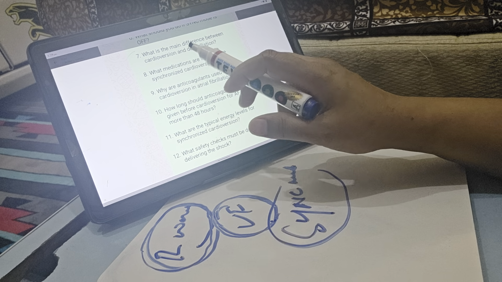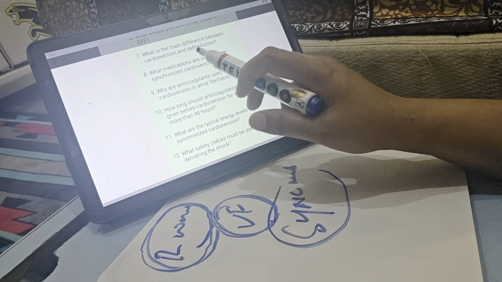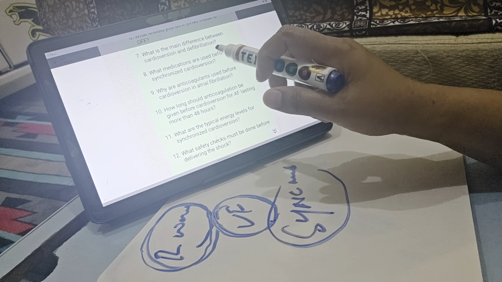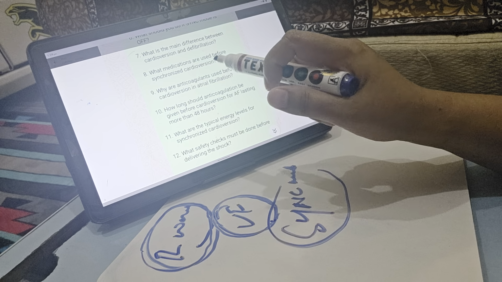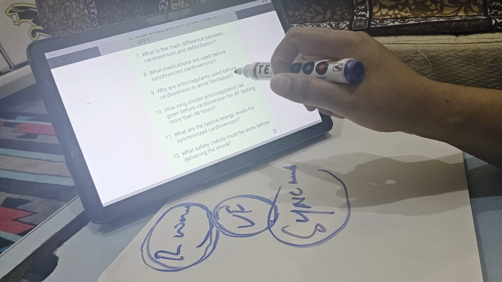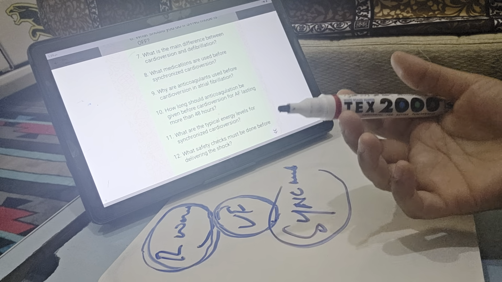Number 7: what is the main difference between cardioversion and defibrillation? Cardioversion is synchronized with the heart rhythm and defibrillation is unsynchronized.